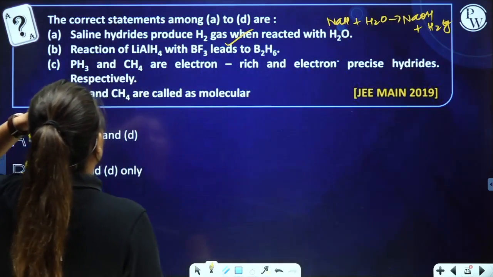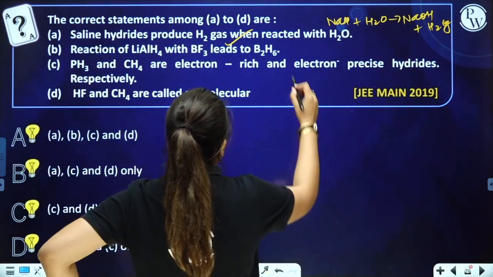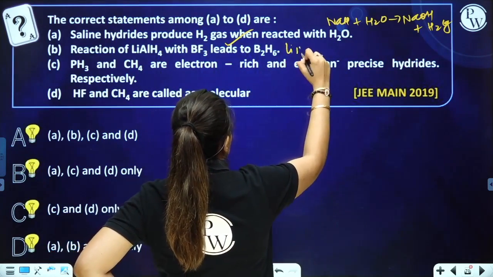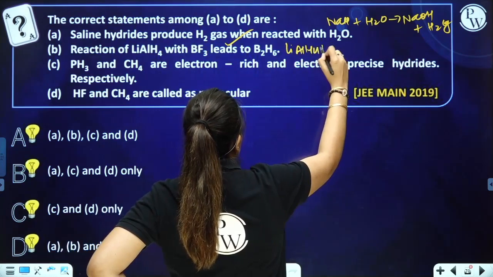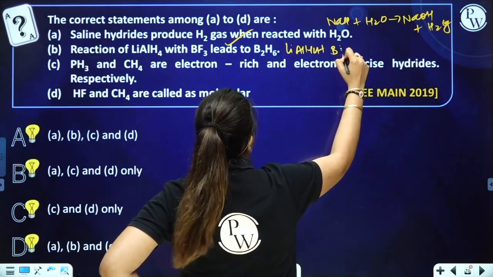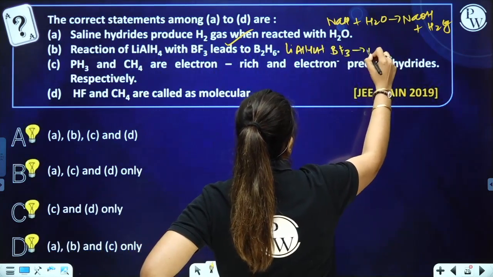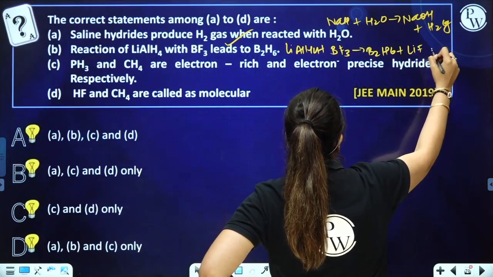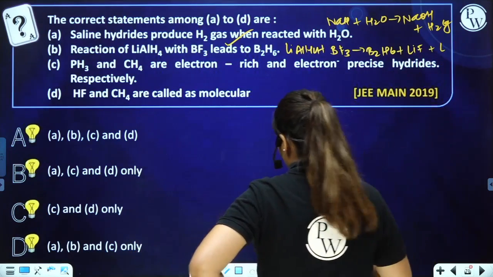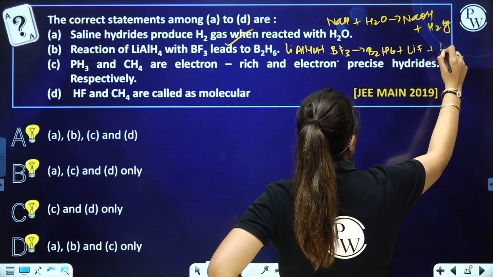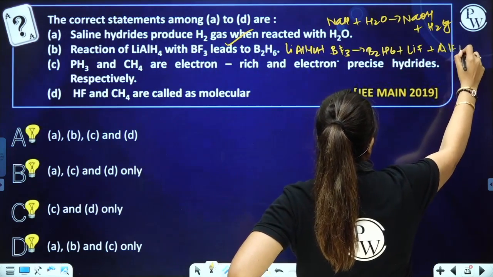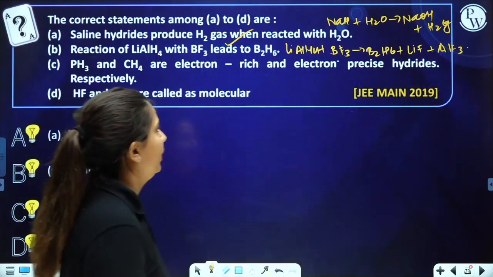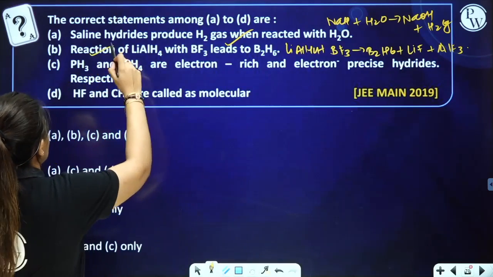Reaction of lithium aluminium hydride with BF3 leads to B2H6. When lithium aluminium hydride reacts with BF3, you are going to get B2H6 plus lithium fluoride plus AlF3. All these compounds you are going to get. So this statement is also correct.